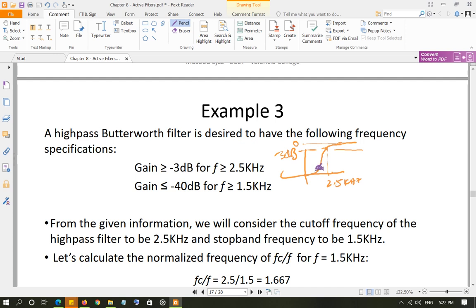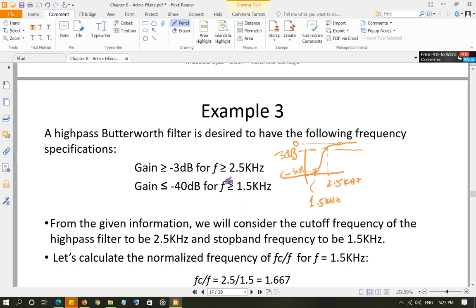So over here, at 1.5 kilohertz, the gain is less or equal to negative 40 decibel, right? So this is negative 40 decibel or less than that.